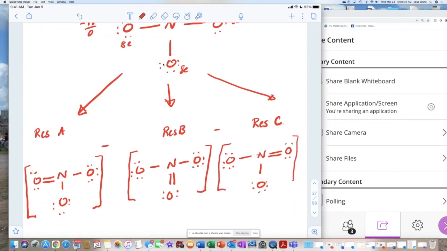Brackets and the charge, right? The charge has to be written on top right. Not only that, we have the resonance arrows, right? So we know these are 3 Lewis structures of each other. Okay, so we have resonance A, resonance B, resonance C.